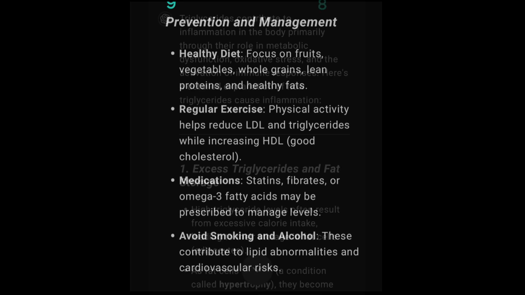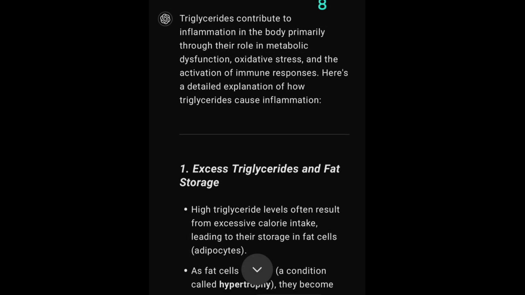Few words on excess of triglycerides and fat storage in our body. High triglyceride levels often result from excessive calorie intake, leading to their storage in the fat cells, that is, adipocytes. As fat cells enlarge, a condition called hypertrophy, they become dysfunctional.